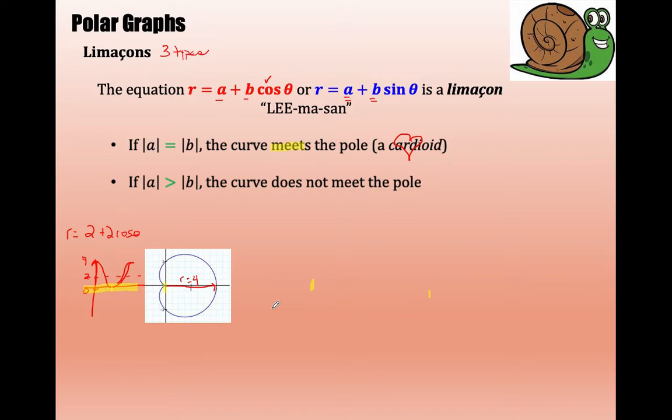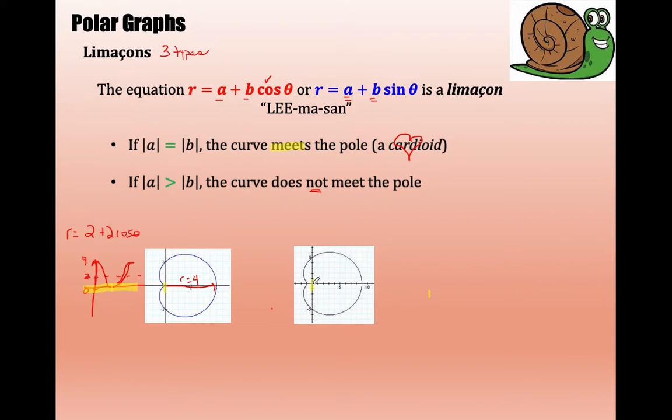If, again, the magnitude of A is greater than the magnitude of B, your limaçon does not meet the pole and looks like this. So again, you kind of see the heart situation, but it's like the heart didn't quite make it, right?